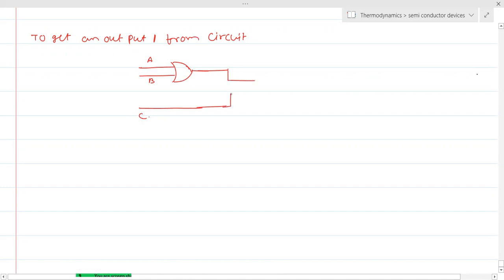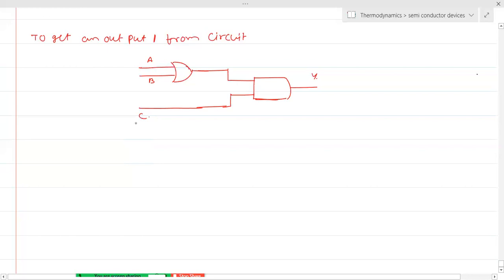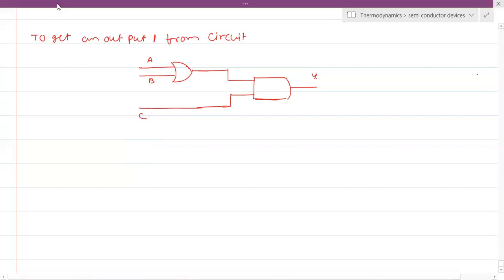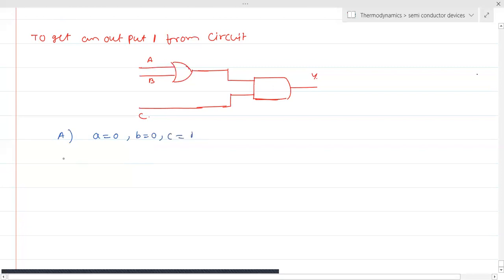Both are connected to some AND gate. So ABC, these three are different inputs. We are provided with options. A: A equal to 0, B equal to 0, C equal to 1. The second one is A equal to 1, B equal to 0, C equal to 0.